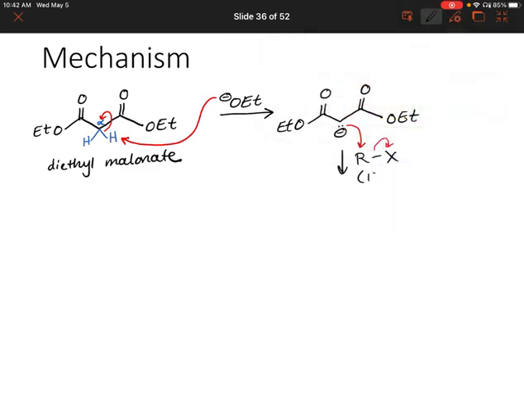So the alkyl group should probably be primary or methyl. Secondary sometimes works, but for the most part, this should be a pretty simple alkyl halide. All right, so now we're just adding that R group to the alpha carbon.